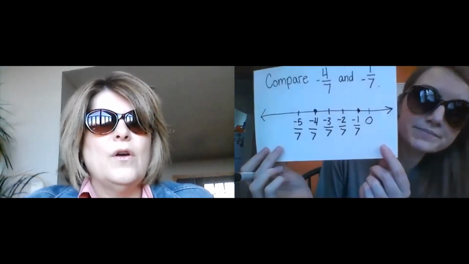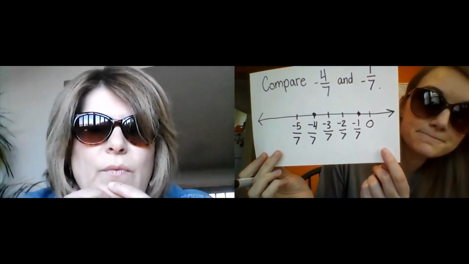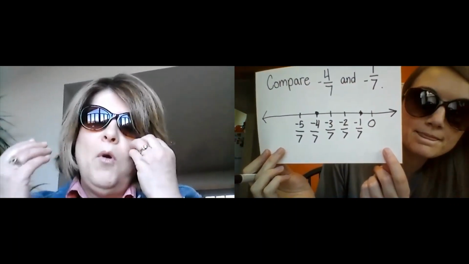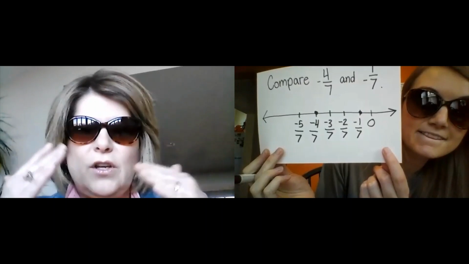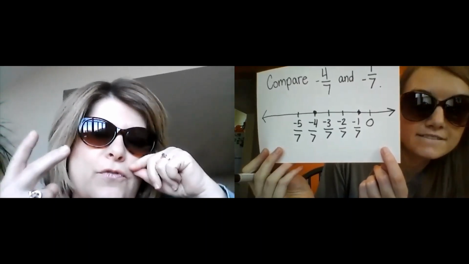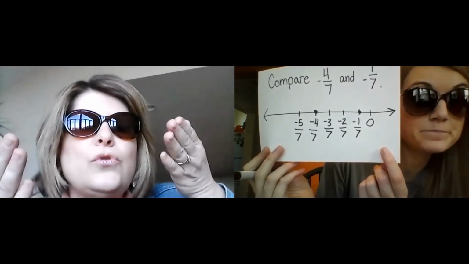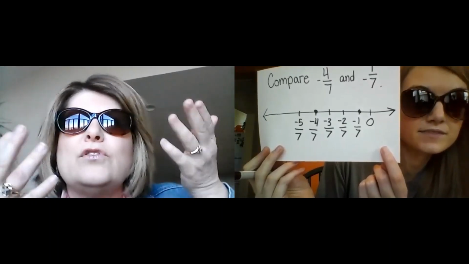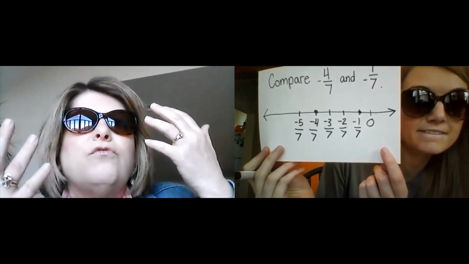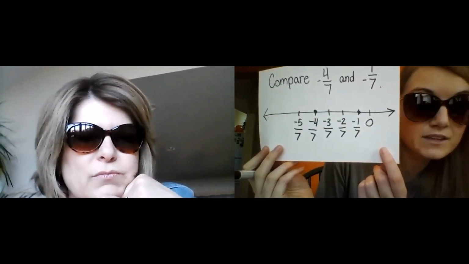Because these kids are getting closer to 7th grade, if I had two fractions with different denominators, let's say 2/3 and -4/7, what would you recommend I do?